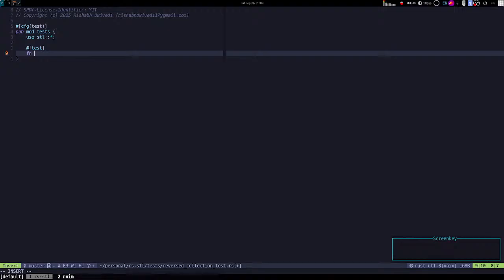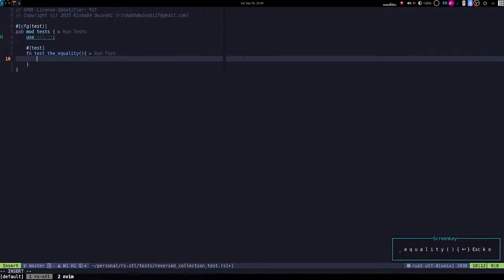So how to test if it's reversed? I think the basic way to test is cloning and all. So let me do that. Test the equality, right? So the way you do it is, let ARR is 1 2 3, right?